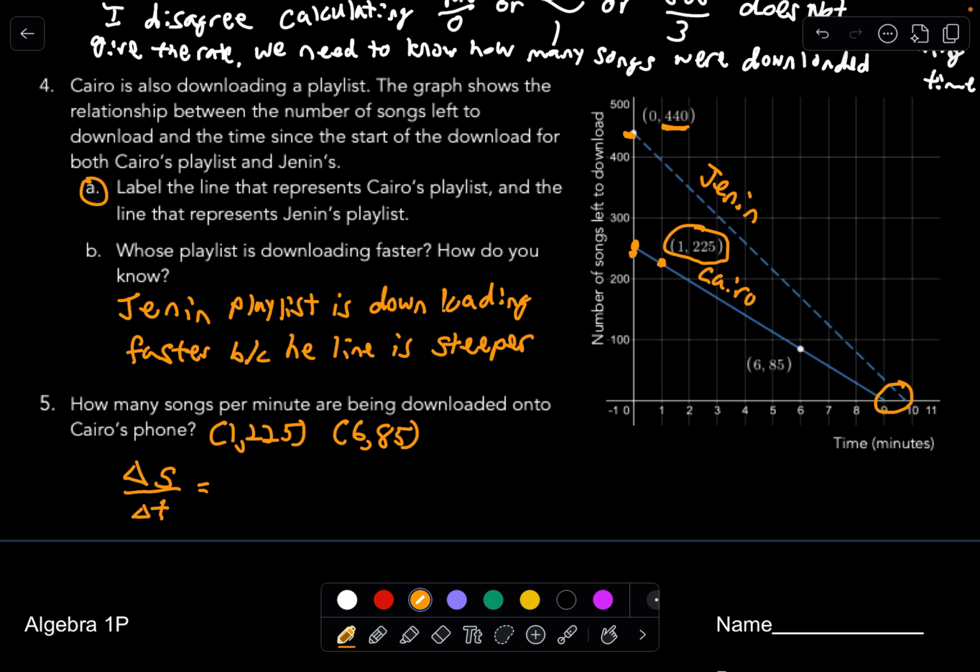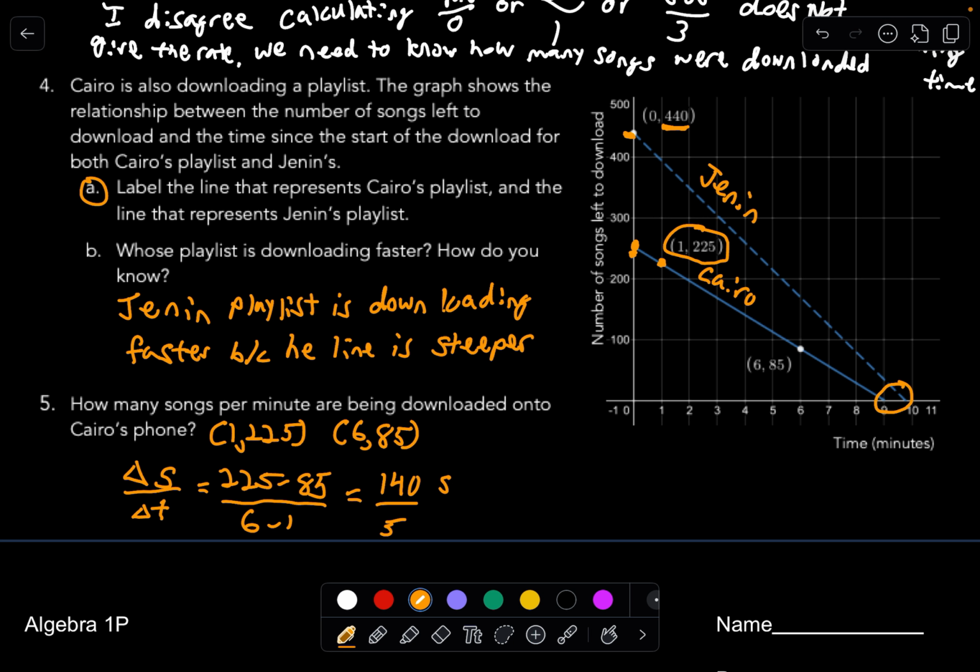Change in songs would be 225 minus 85 divided by the change in time, which is 6 minus 1. Okay. So 225 minus 85 is 140 songs. And 6 minus 1 is 5.